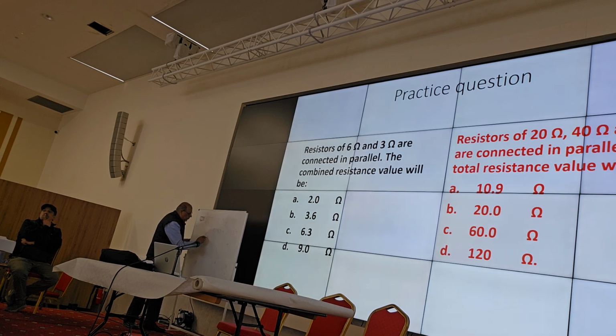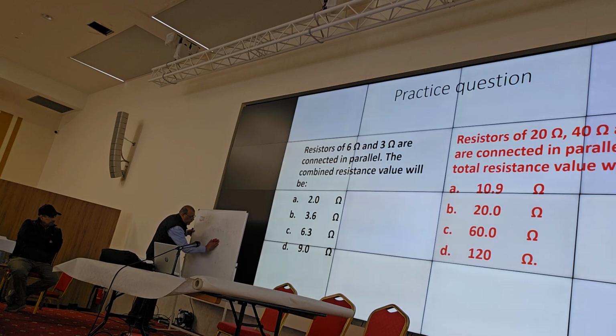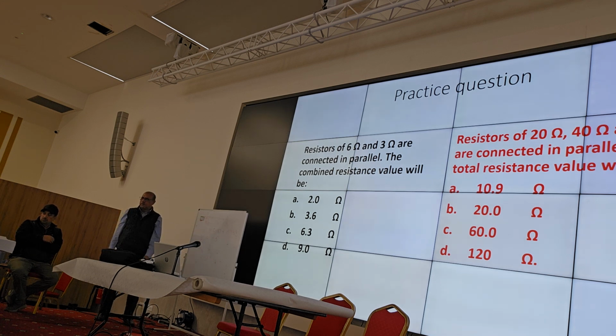If you add these numbers, the answer is 0.5. So 1 over RT equals 0.5. What is RT equal to? Flip: 1 over 0.5, which is equal to 2. So 2 is the correct answer. Let's do that, then after that I'll move on to the next one.